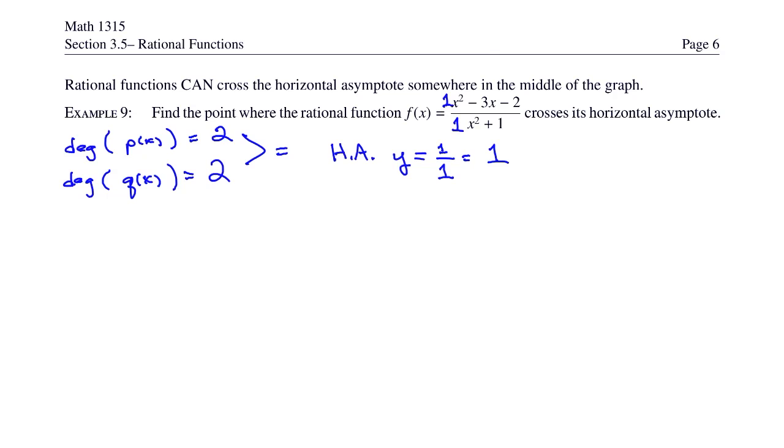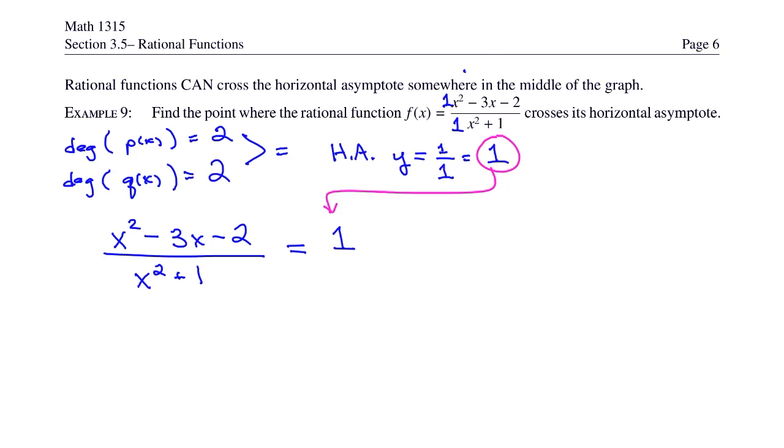To find where this function crosses the horizontal asymptote, we're simply going to set the rational function equal to the horizontal asymptote. So you set the rational function equal to the value of the horizontal asymptote, and then you solve the equation. And we've solved these types of equations before in chapter 1.